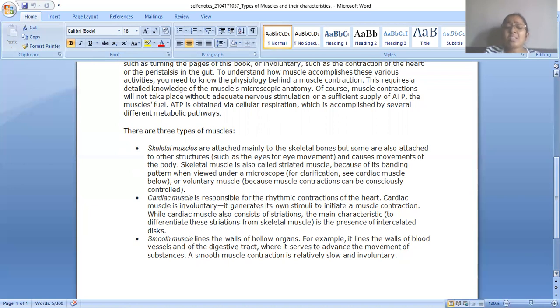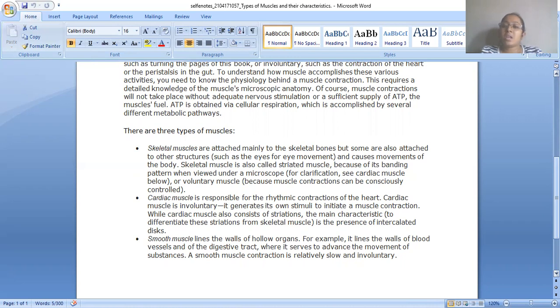So smooth muscles have some contraction, but it is relatively slow and involuntary in nature. We cannot consciously control their movement. It just goes on whenever the body requires. Like in blood vessels, it's always functional, and in our digestive tract, it's more functional after digestion. So there are changes as per the requirement.